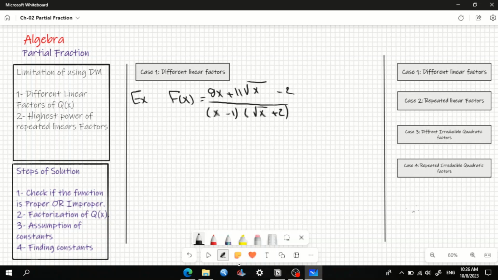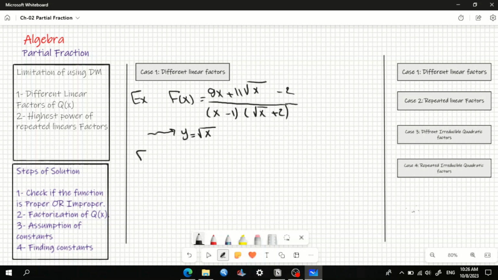Here we don't have polynomial expressions, neither in the numerator nor the denominator. So we will make y equal to the square root of x.